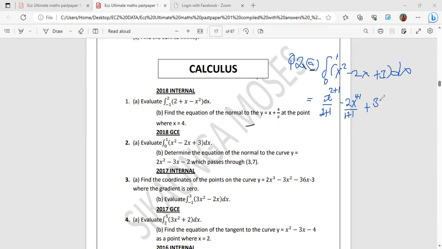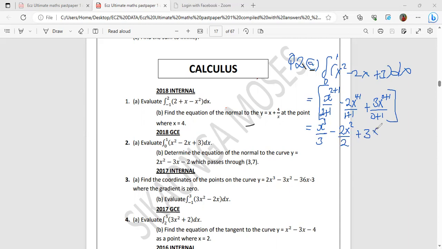This is x to the power 0 plus 1 over 0 plus 1. So we are going to get x to the power 3 over 3 minus 2x to the power 2 over 2 plus 3.